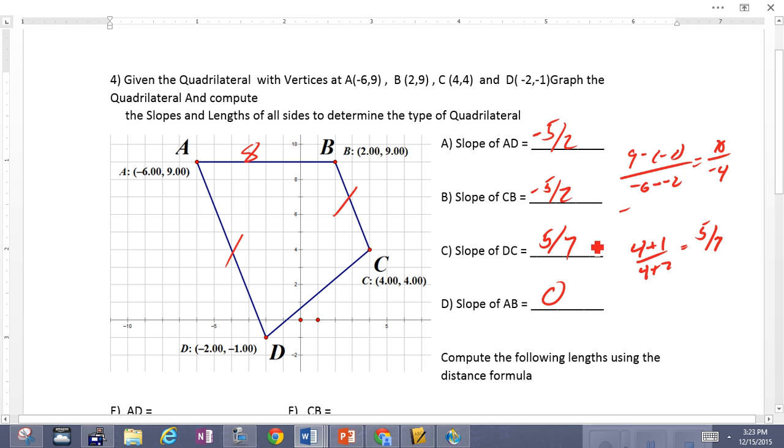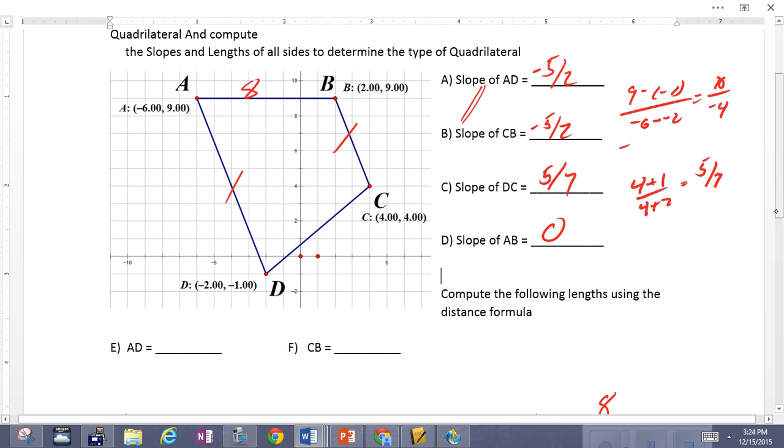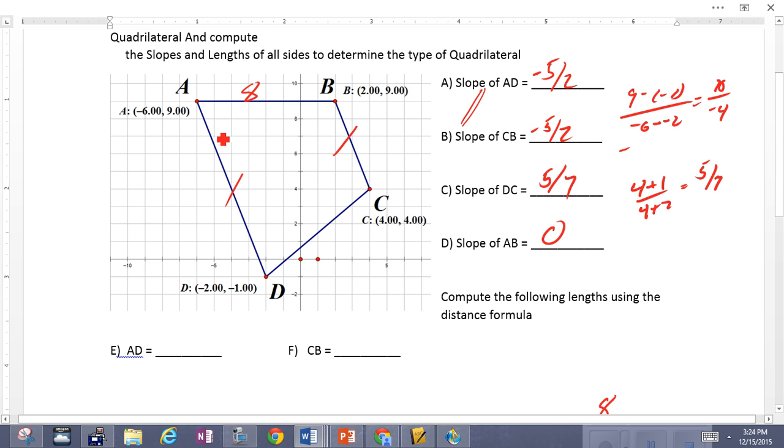So the best I can compare here is that AD and BC have the same slope, so they are parallel. I'm going to make my length measurements because I have a suspicion that this might be an isosceles trapezoid.